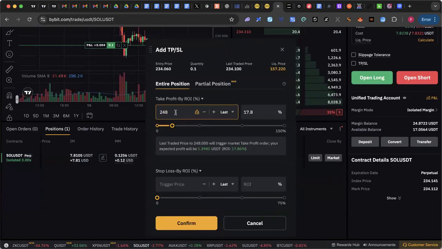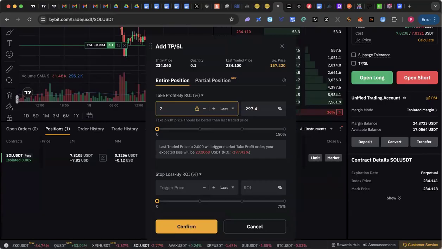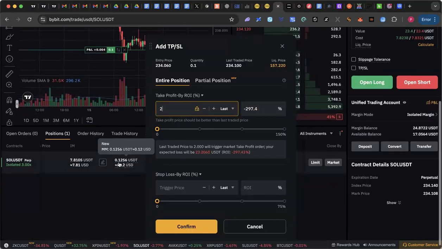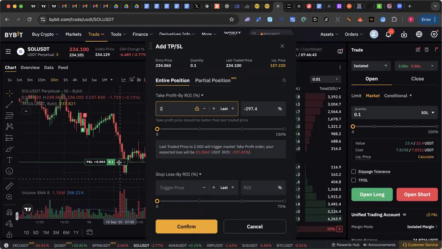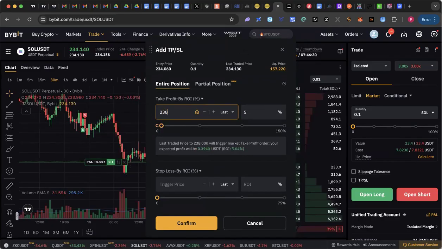Yes, 248. What price is it now? Let's check. So 230, 238. Good. So that's going to be 5%.